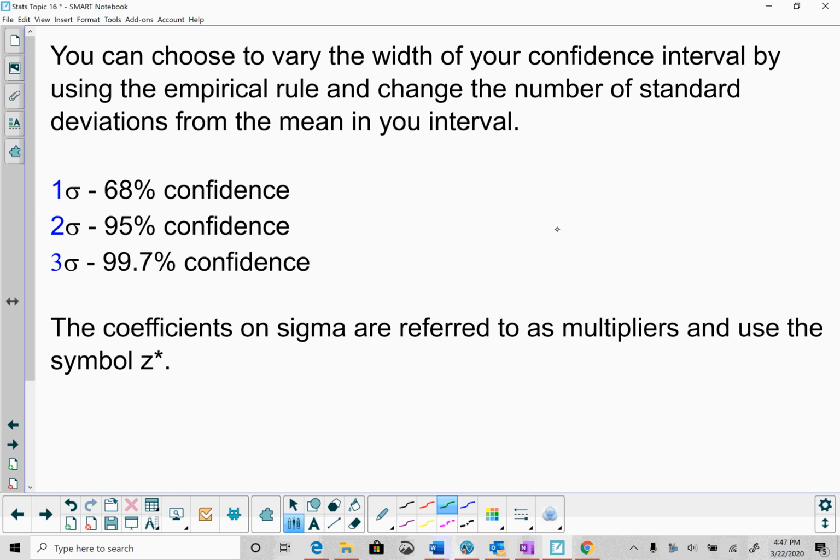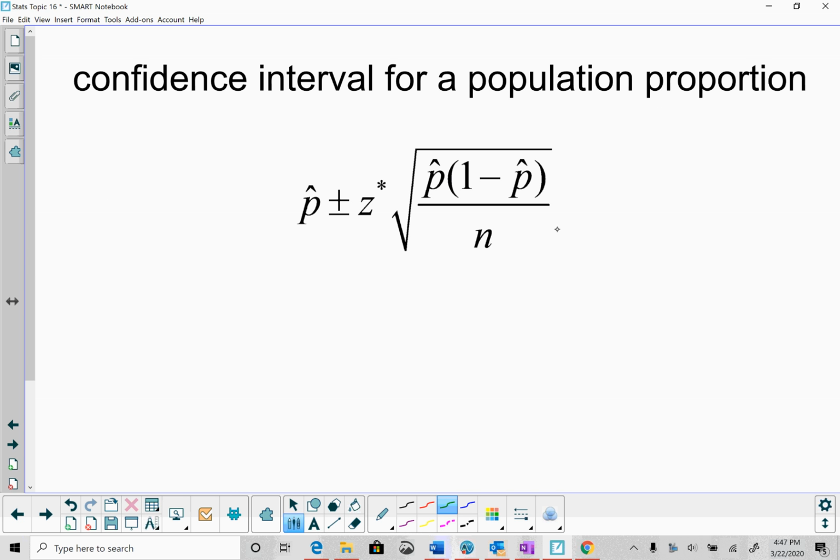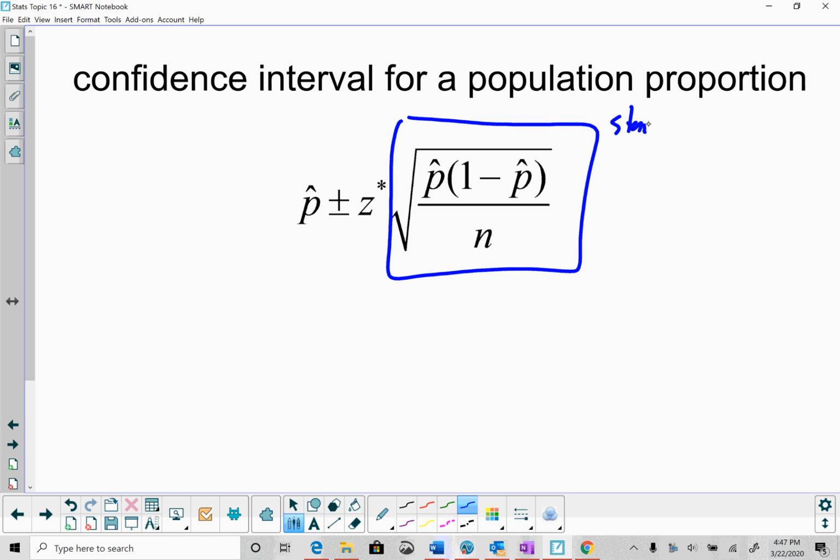All right, so how wide we want our confidence interval to be, our calculations here, are going to be based on standard deviations, or more to the point, standard error. Because remember, this part of it here is what we call the standard error.